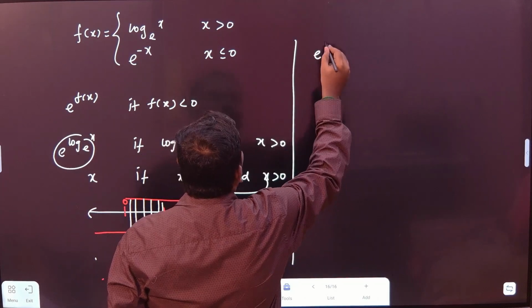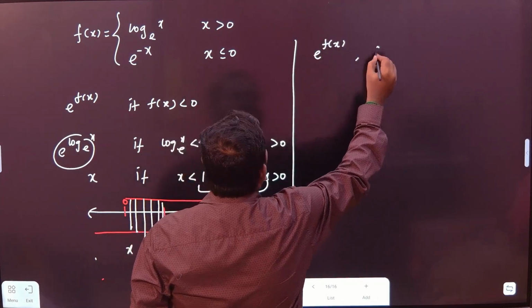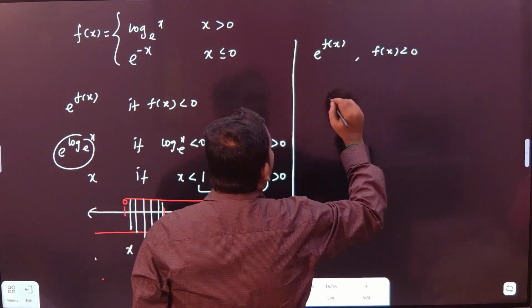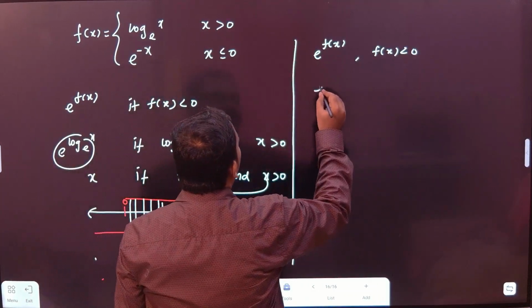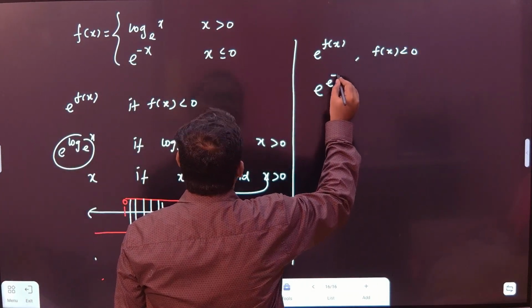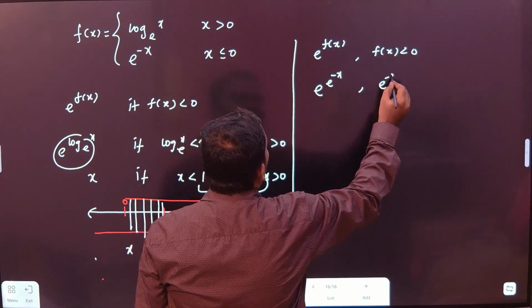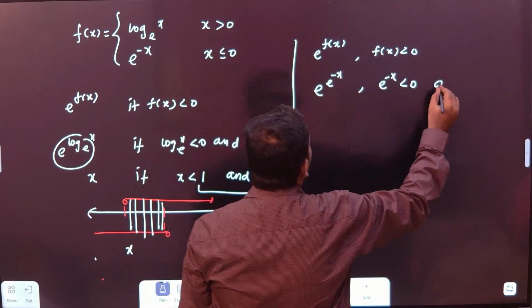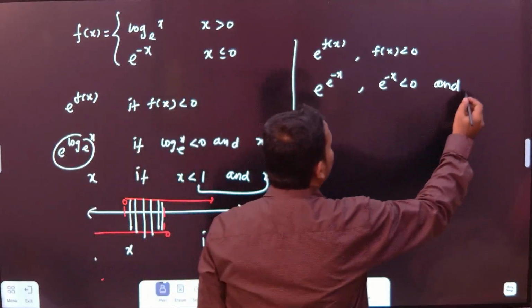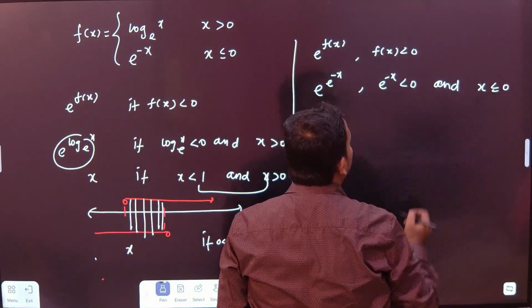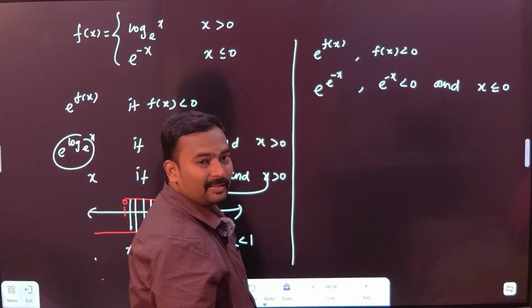Next, the second function you can apply. e power f of x is less than 0. In that you have to apply the second function f of x. So e power minus x less than 0, and e power minus x exists when x is less than or equal to 0. That you can also take.